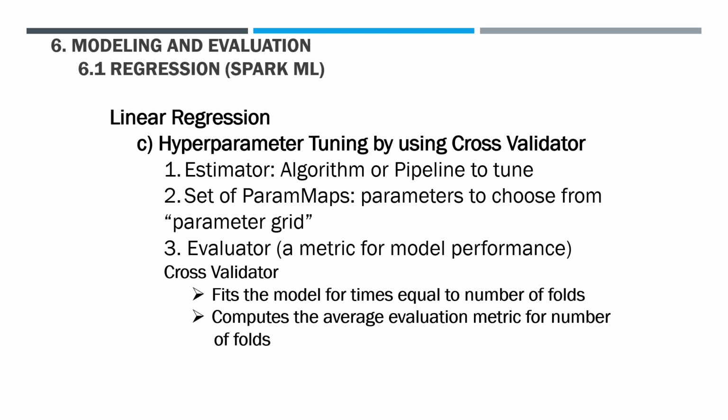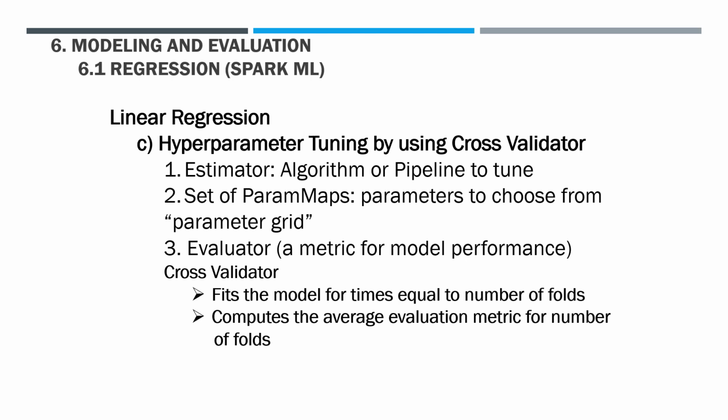So the way cross-validator works is it divides the data into divisions equal to the number of folds. For example, if there are 3 folds, then it will divide the data into 3 divisions. If we assume that those divisions are called first division, second division, and third division, then in the first run it will take the first and second divisions and use them as the training data set and use the third division as the validation data set.